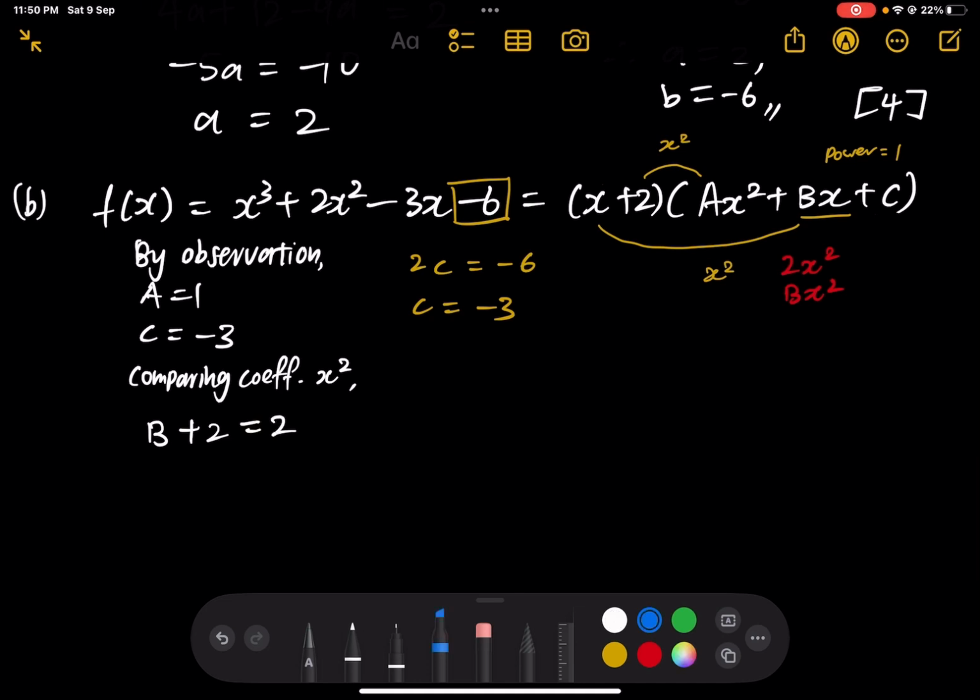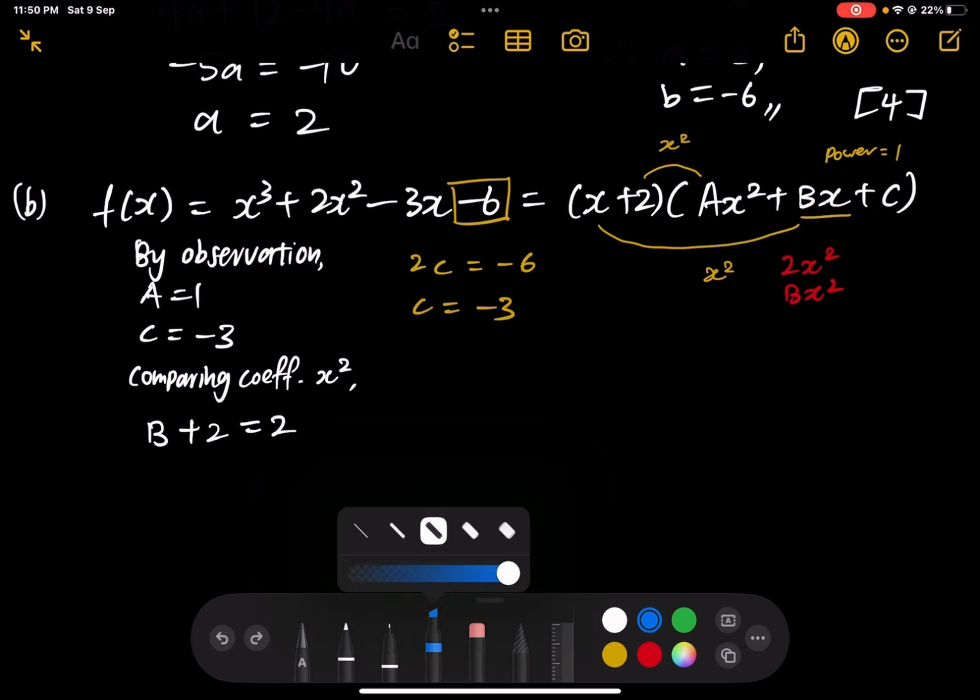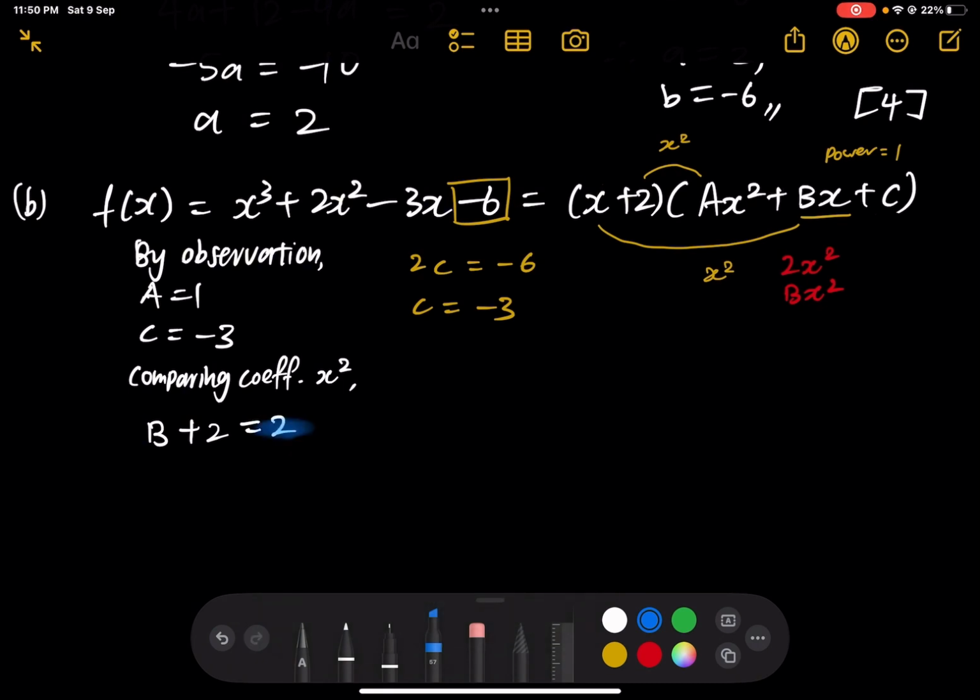My 2 came from here, because this is the coefficient of x squared.